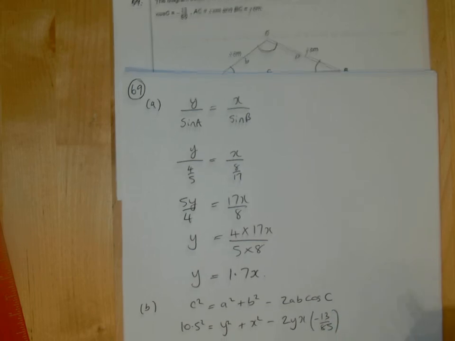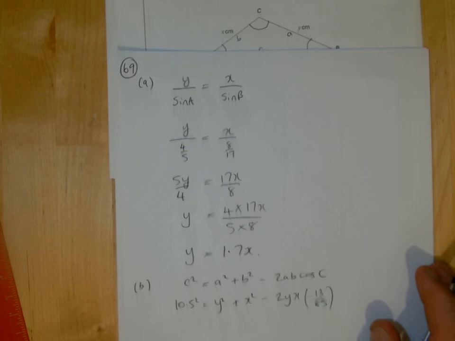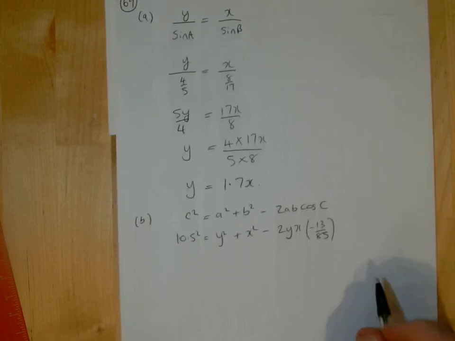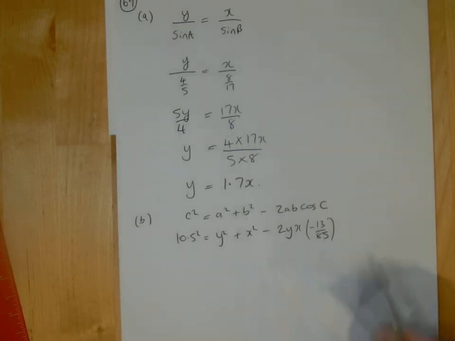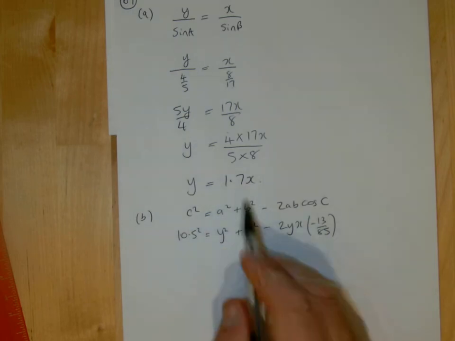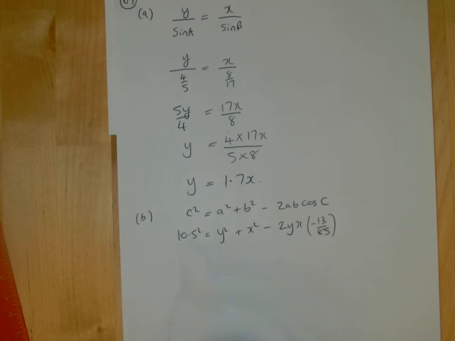So we can just put that in straight away, as that's what it's given to us as. The other thing we know is the result from part A, y is 1.7x. Because we want to work out x, I'm going to sub y into here.